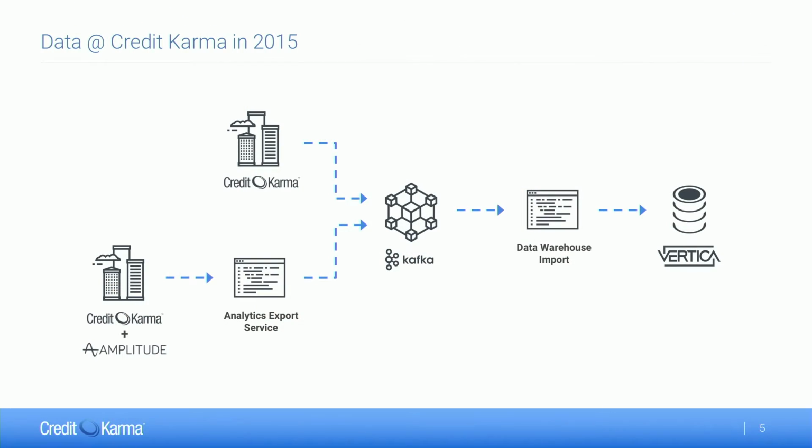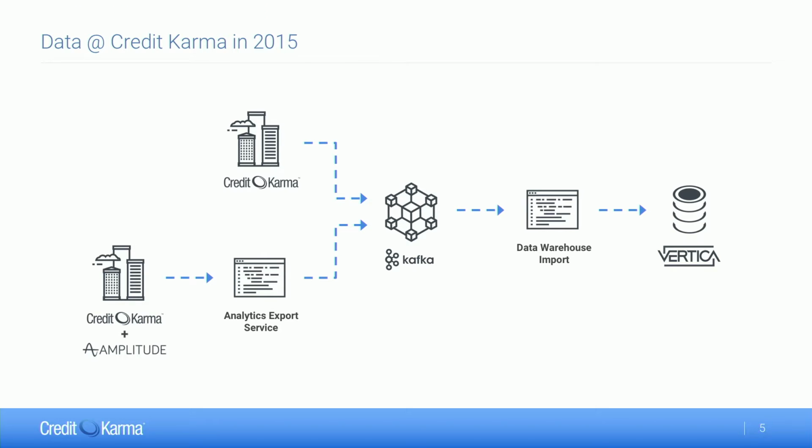Now in 2015, more people at the company, we need more tools to help us look at the data we're collecting, so we partnered with the company Amplitude. And at the time, we had much more data coming through, and so we needed some service to help us import this data from Amplitude.